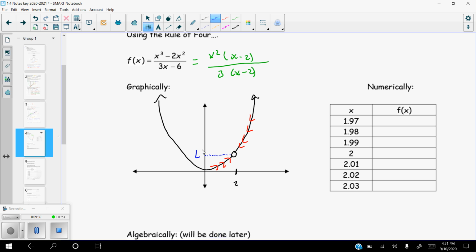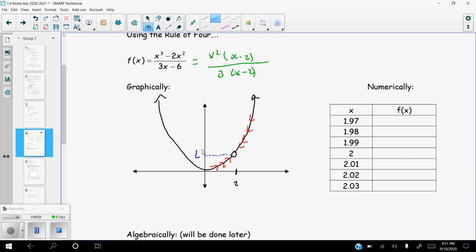So we can do it numerically. Now, this you would require your calculator for. In this chart on the right side, you'd have to plug these values into your calculator. This is definitely not something you would do in your head, because you'd have to plug 1.97 into f of x and see what you get. Fortunately, I've worked all that out for us already.